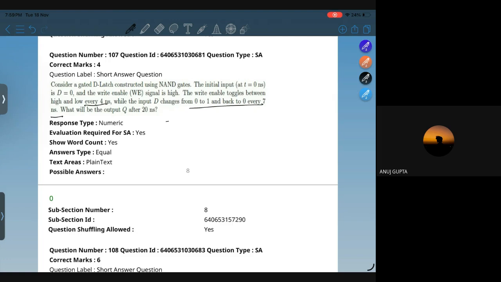So let's create a table, I guess. This is 0 and 4, 8, 16, 20. And the output will be, initially the output is Q. So at 4 it will be again 0.